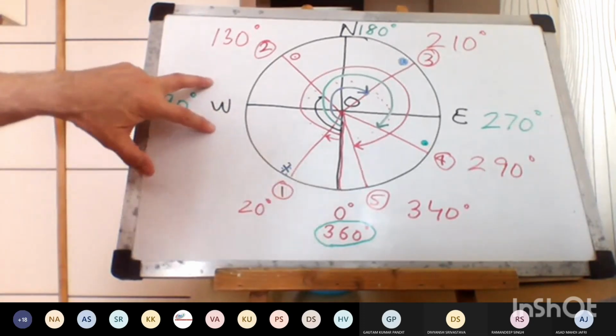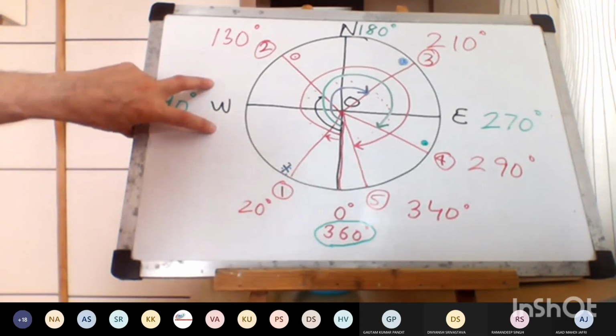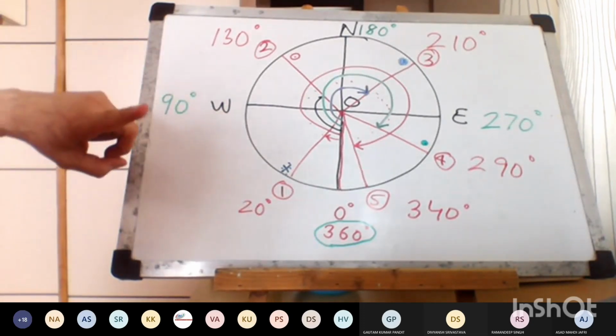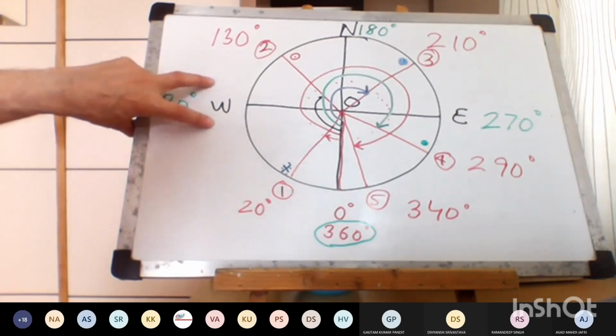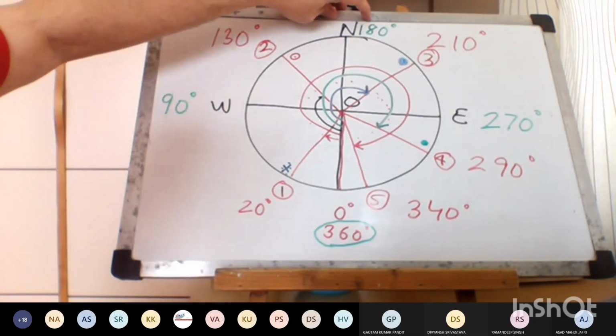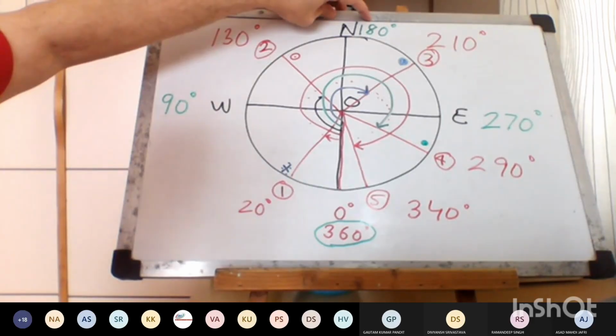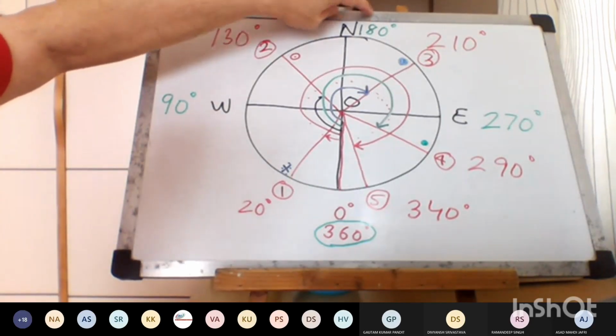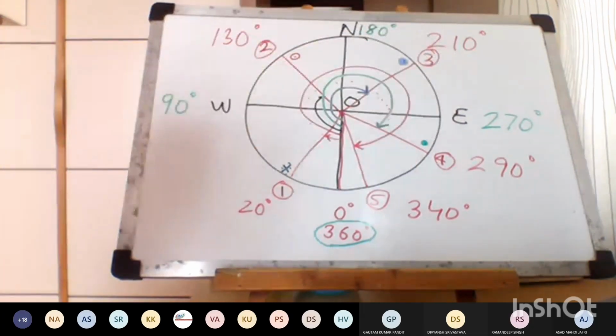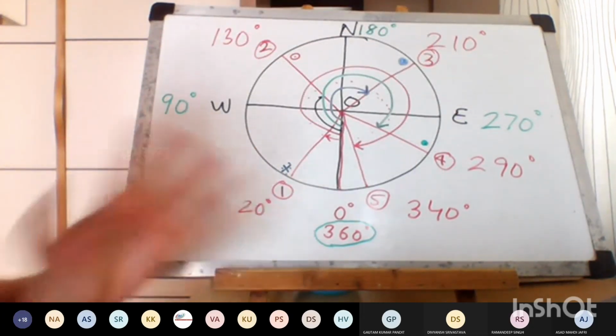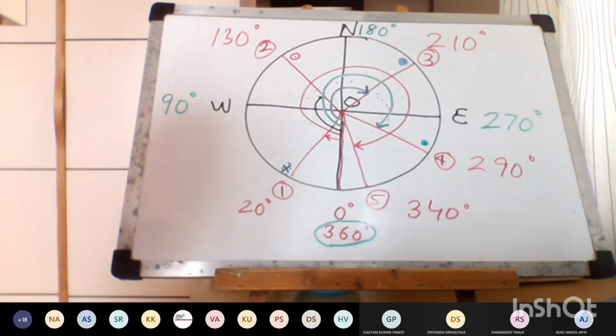So LHA, when the body is in the westerly direction, when the bearing is exactly west, is 90 degrees. When the bearing is north, body LHA is 180. When the bearing is east, LHA is 270. And when the bearing is again south, it is either 0 or 360.